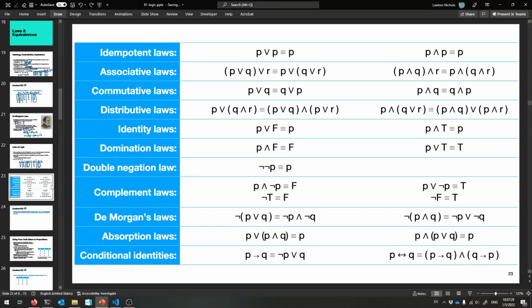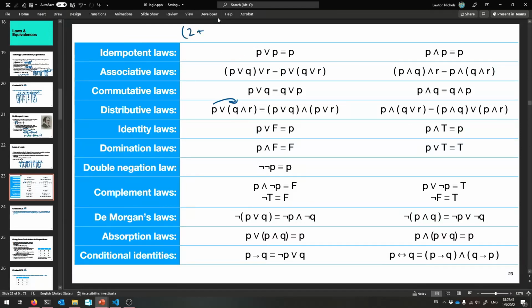We talked about a few of them. Distributive law, it's kind of like you're bringing that inside, just like multiplication distributes over addition. Associative and commutative, those are kind of like math as well. Like we know those.